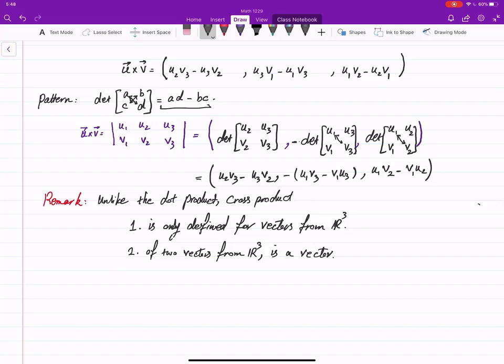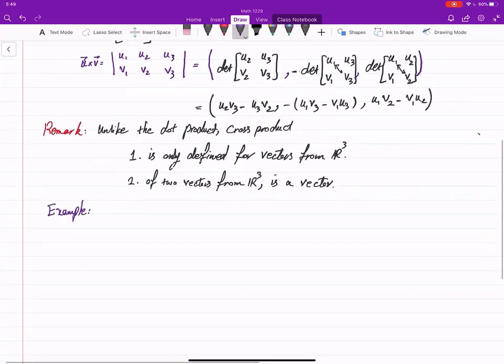For the dot product, you had 2 vectors, and the product would give you a number. Here you find a vector. And those are the 2 main differences between these 2 products. Let us do some examples before we go ahead and add a little bit more.